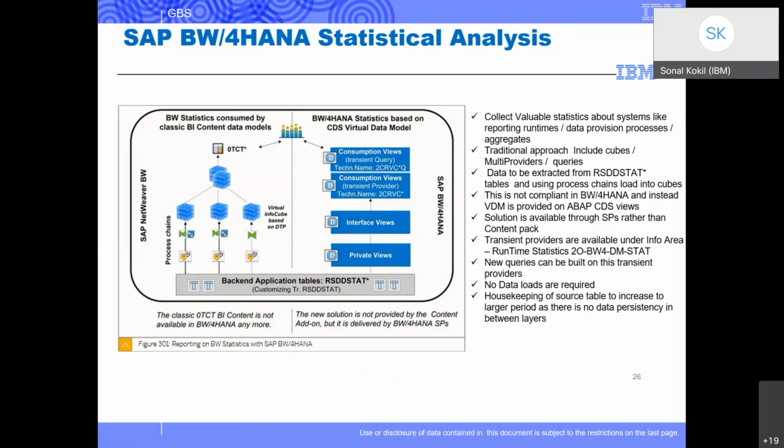At this time, these kinds of cubes were helping in the performance tuning area, where they will get the whole list of all the cubes and DSOs which we were using in non-HANA systems. It was giving all the analysis of which cube is taking how much time, and then you can dig further into which flow it is coming from, and then you can do the optimization part. This was very helpful in your performance tuning for the NetWeaver BW system.